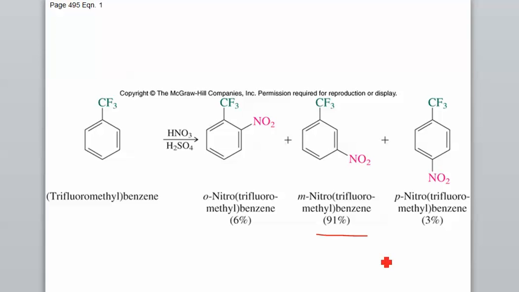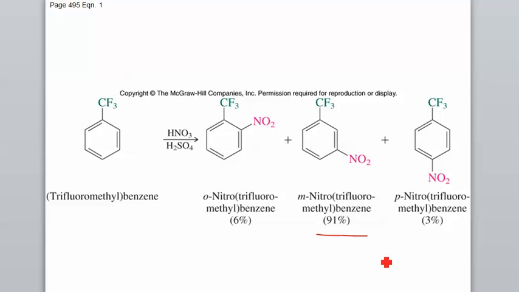So again, there are other substituents besides methyl groups that lend themselves towards ortho and para, and CF3 here is just one of a number of substituents that lend themselves towards making a lot of the meta. So even though we've got three possible isomers that can be formed when we do reactions like these, again, the world tends to be divided into things that give you ortho and para versus things that give you meta.